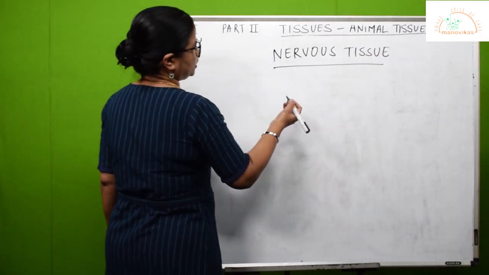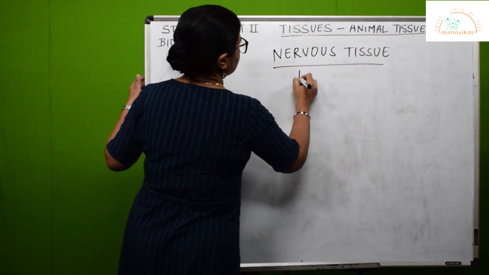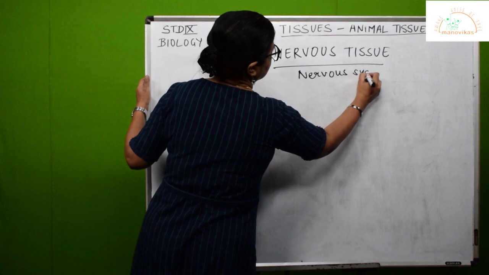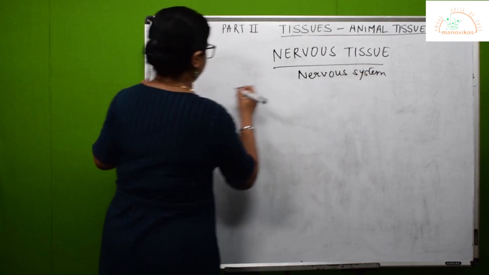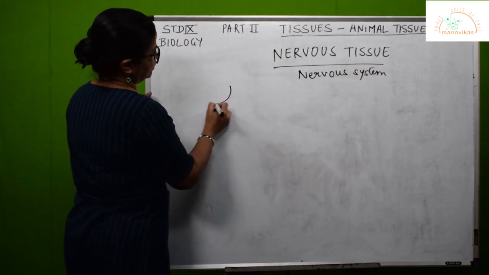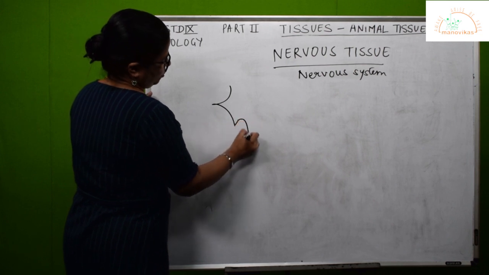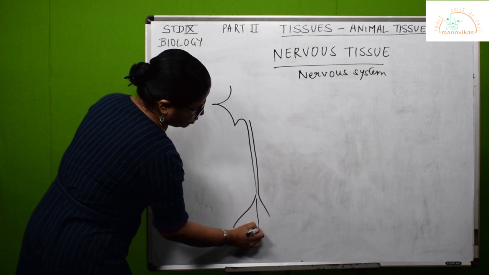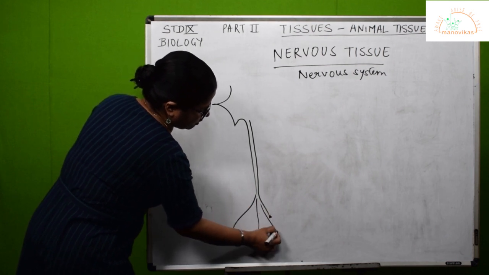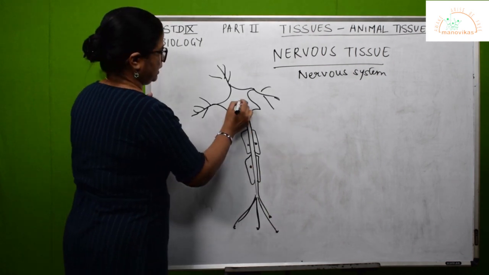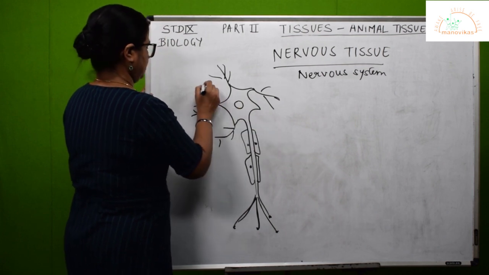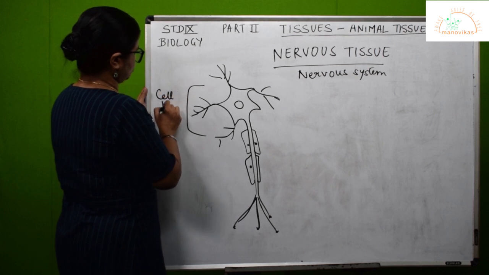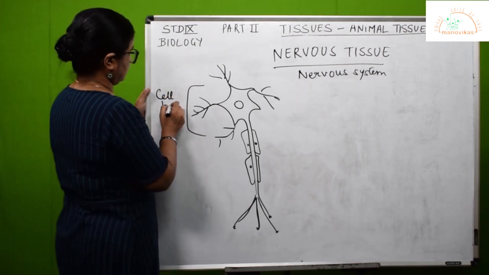Let us study the nervous tissue. It makes up the nervous system. Now, let us see the kind of cells that make up the nervous system. I am drawing for you a very simple structure of a nerve cell, also known as a neuron. Let us label it. This part is the cell body, also known as the perikaryon.